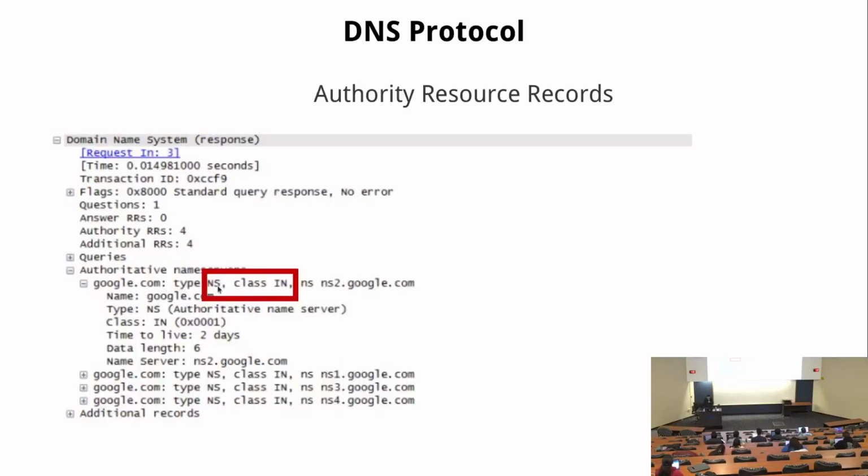Instead, it gives the name server's URL, nameserver2.google.com, or there are several other name servers. Then you can ask them with recursive queries what the IP address is. But those are the name servers' domain names, and maybe even to get those name servers' IP addresses, you need to ask other DNS servers what their IP addresses are.